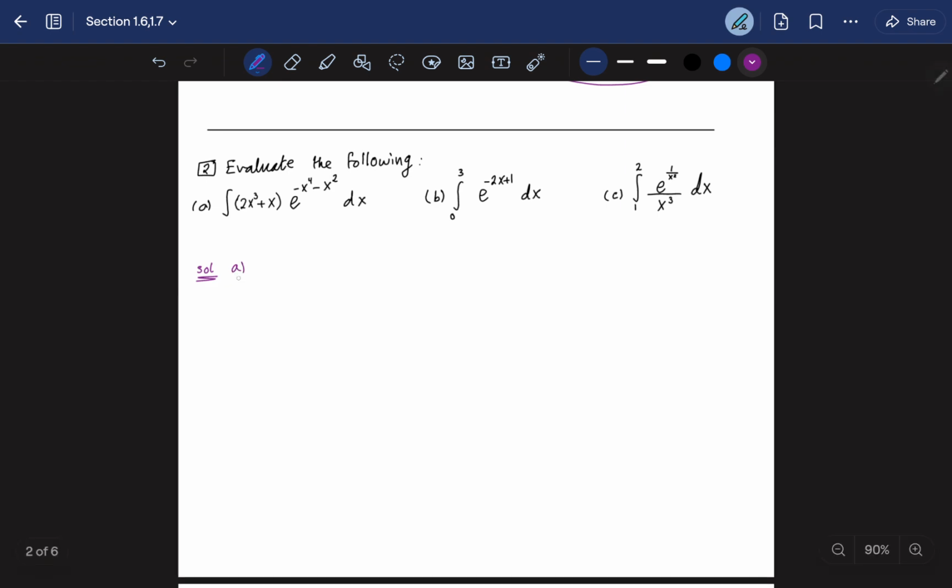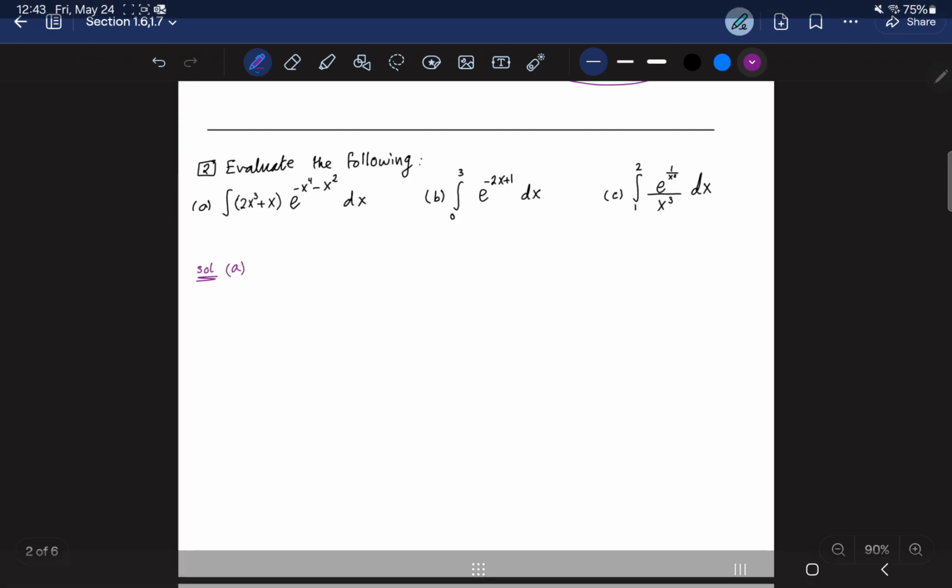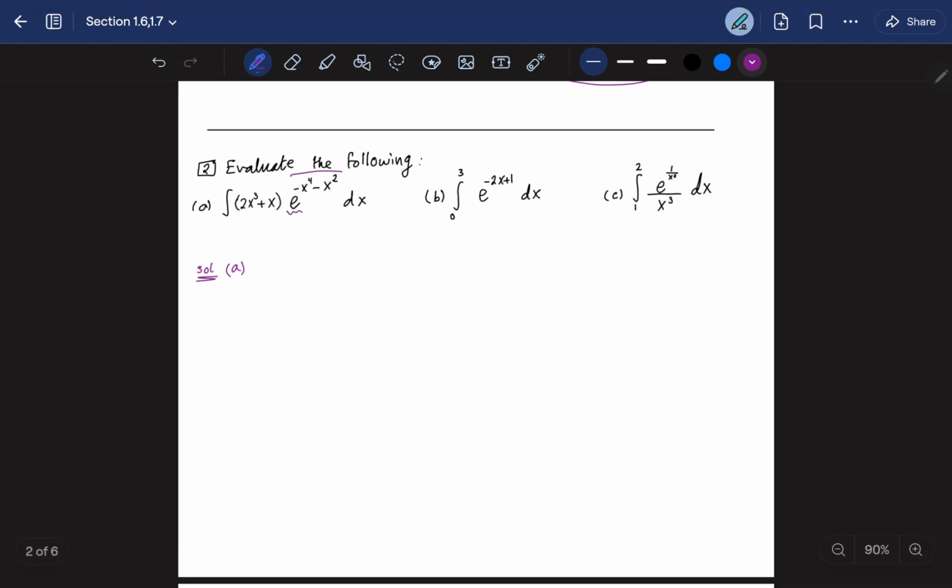So let's look at the first part. Usually when you have an exponential, you take the exponent to be your substitution u. So here, if you take u to be the whole exponent, then you find the derivative. Now let's look. Do we have this in my integrand? If you look directly, you can't find it.